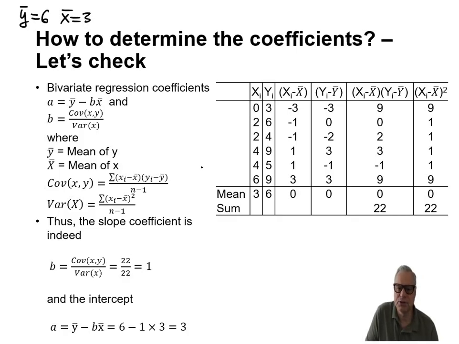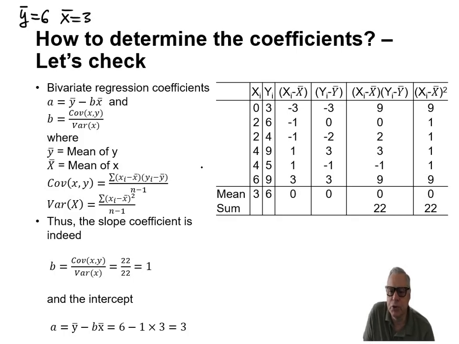We need b in order to calculate a, but we know b is the covariance of x and y, and the covariance is the sum of the products of all the deviations of x from the mean of x times all the deviations of y from the mean of y.